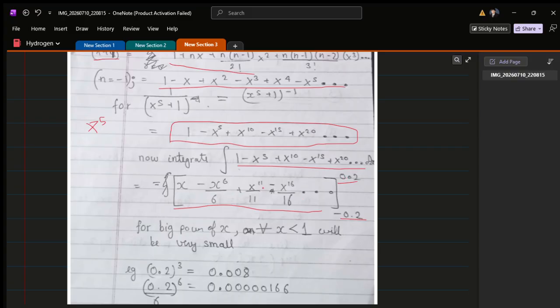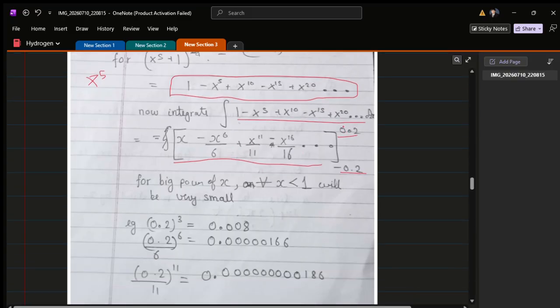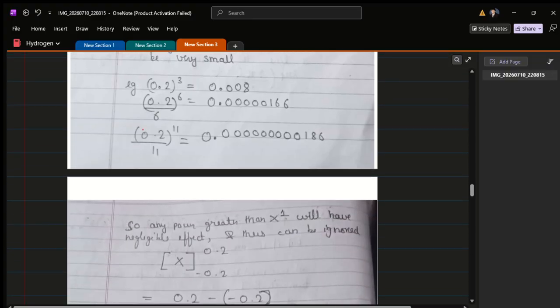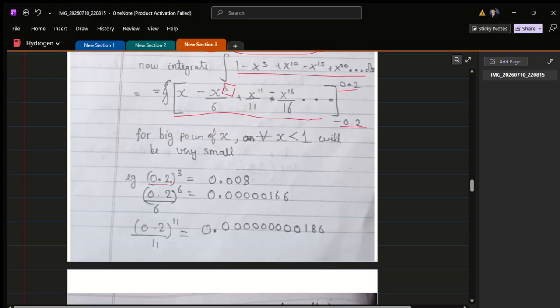Now we know that 0.2 is a very small number, and a small number raised to a big power is extremely small. For example, just take 0.2 raised to the power 3. It's small, yes. Let's take the second term as a matter of fact.